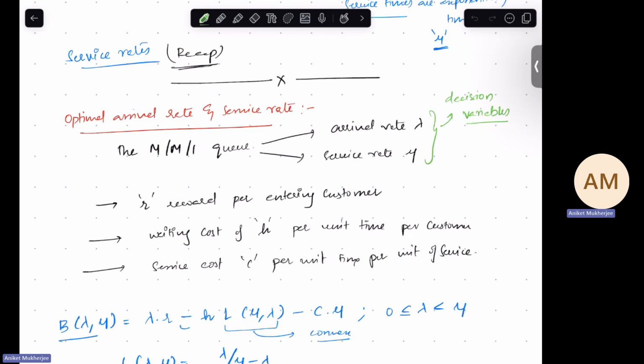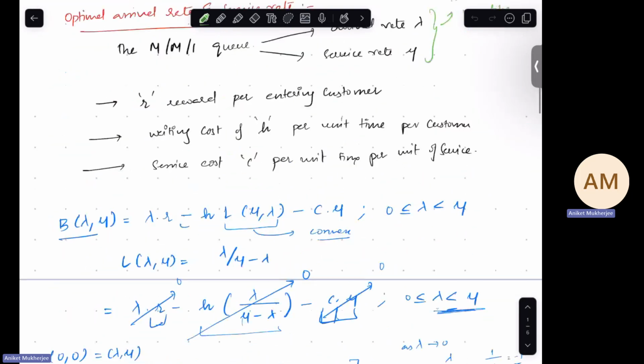But if each individual customer takes the decision, then each will try to maximize his own benefit rather than the others'.